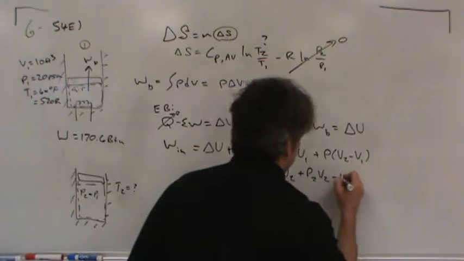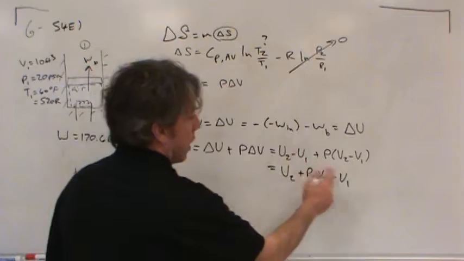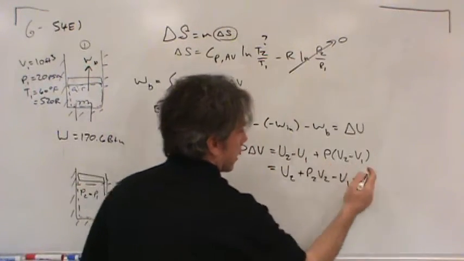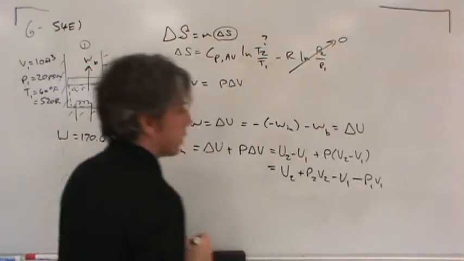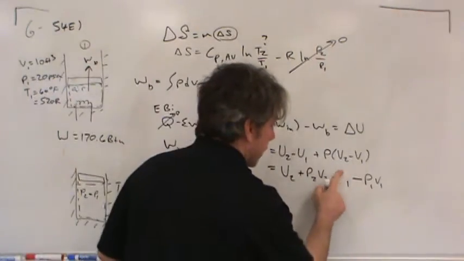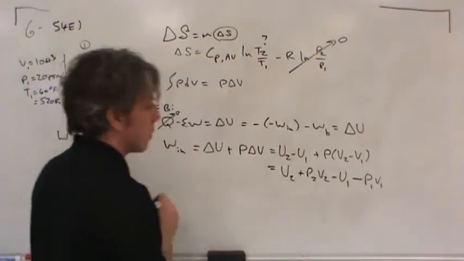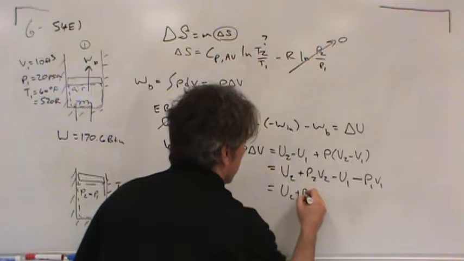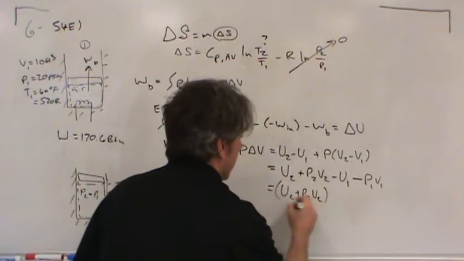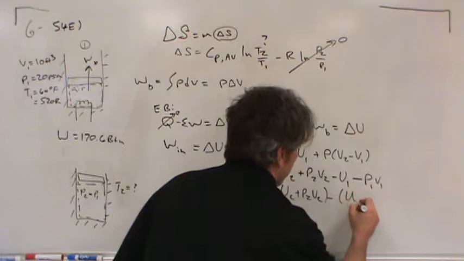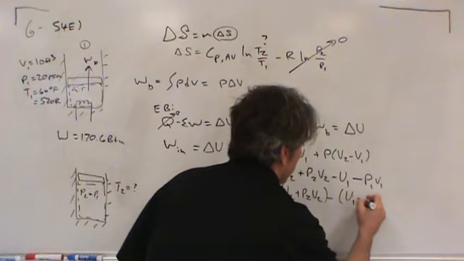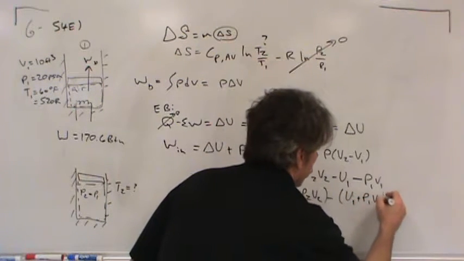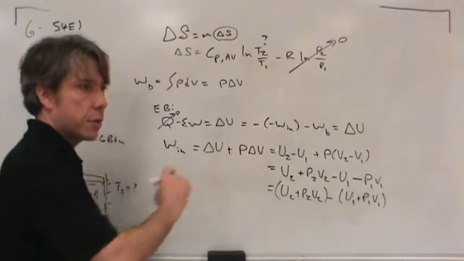But then we'd have minus U1 from here, minus from this product, P1 V1. Okay, now my U's look like V's, my apology, there's a U. So this would be U2 plus P2 V2 minus U1 plus P1 V1. Do you recognize U plus PV?